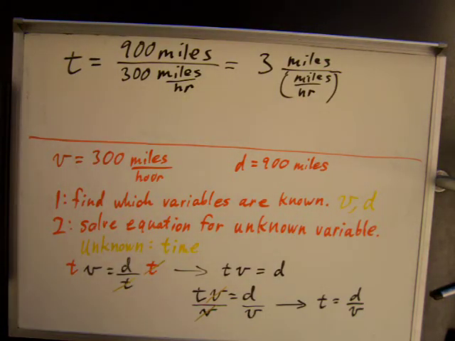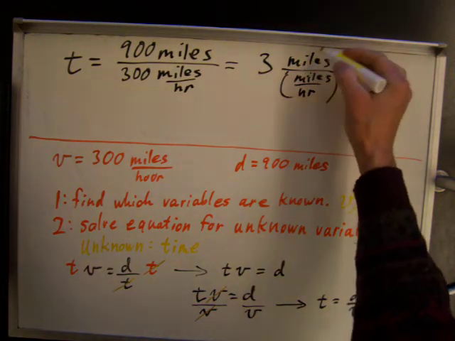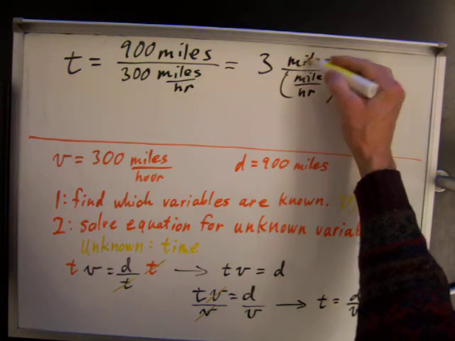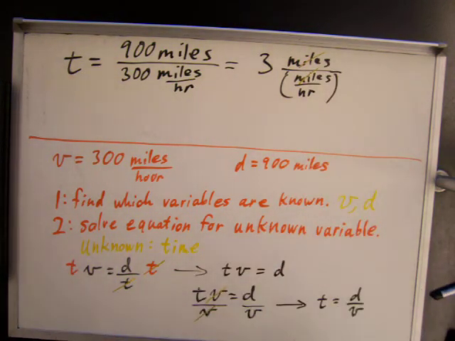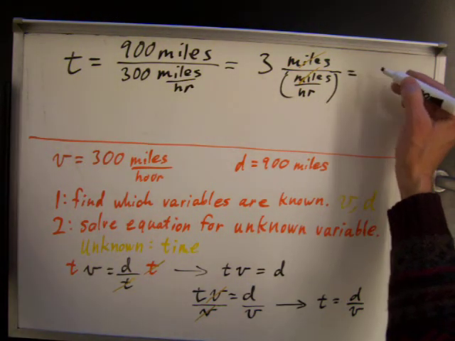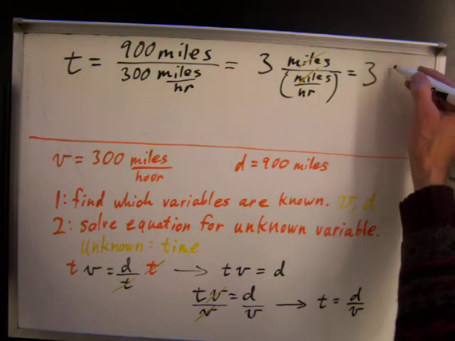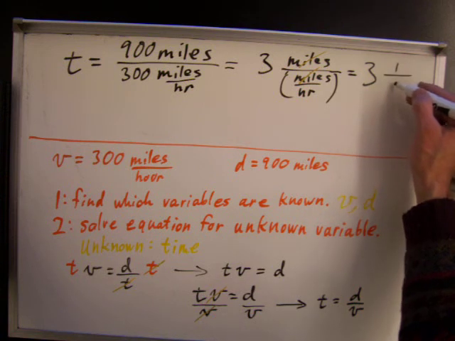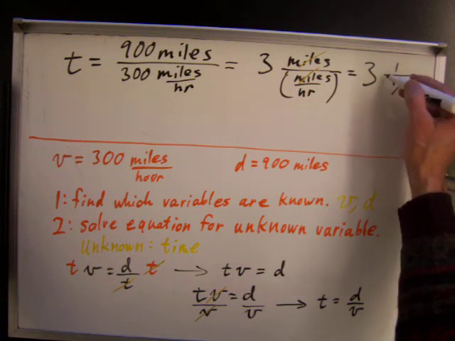Okay, what can I do here? Well, I can cancel miles and miles. Miles divided by miles is the same thing as 1. So I can replace this with 3 times 1 divided by 1 over hours.